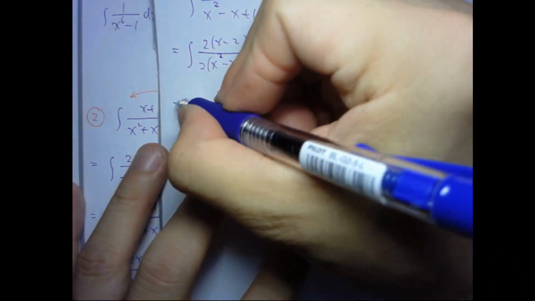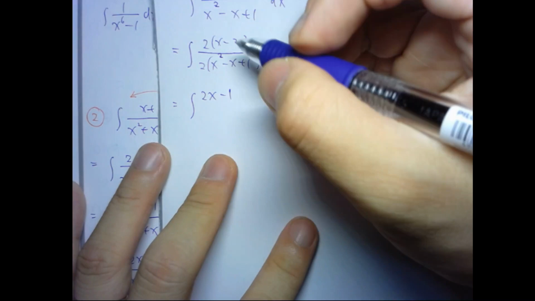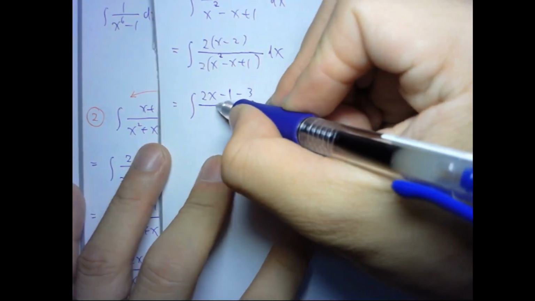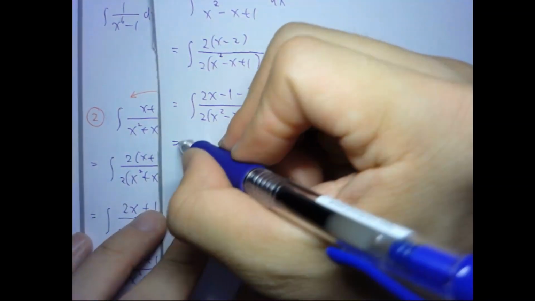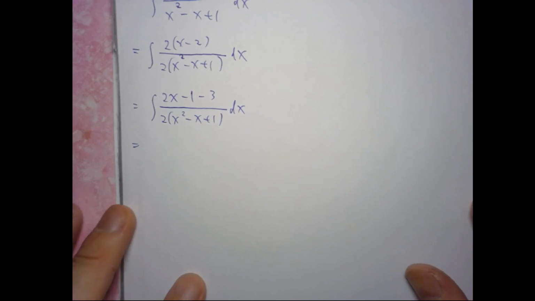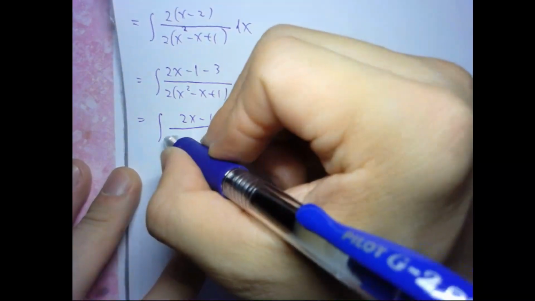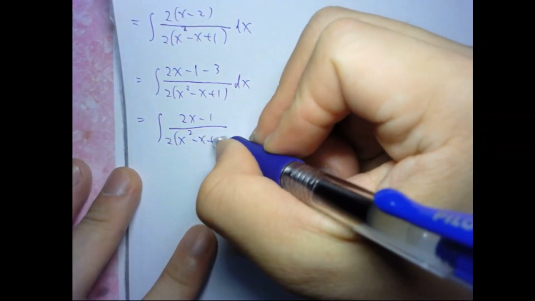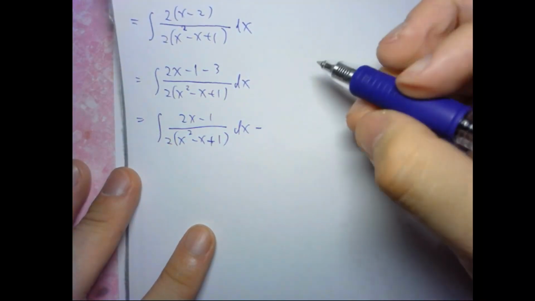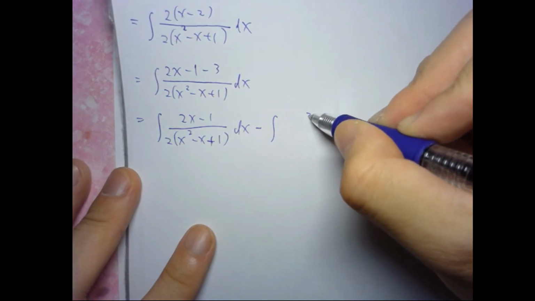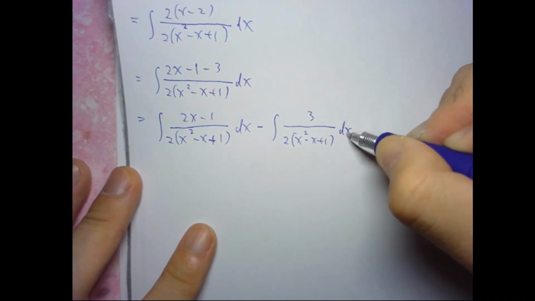Okay, now we need to split the term. This is 2x minus 1 minus 3, and the denominator we keep. Now we split the integral: 2x minus 1 over x squared minus x plus 1 dx, and this one we minus the integral of 3 over 2 times this.